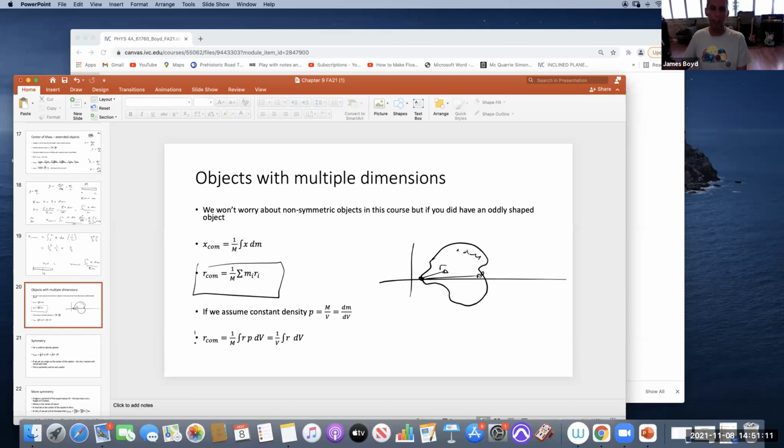You would turn it into your R center of mass in terms of the volume. So R center of mass, if this is a vector, is 1 over V times the integral of R dV, and you can do that integral. We're not doing that integral. Those integrals are horrible. With symmetry, we can actually eliminate the integrals. So let's talk about that.